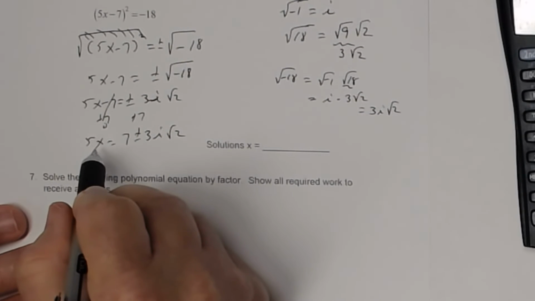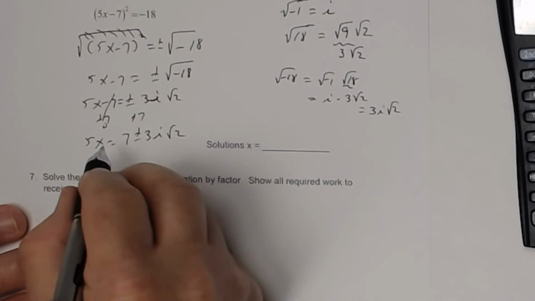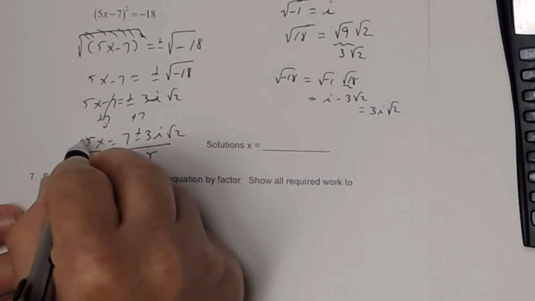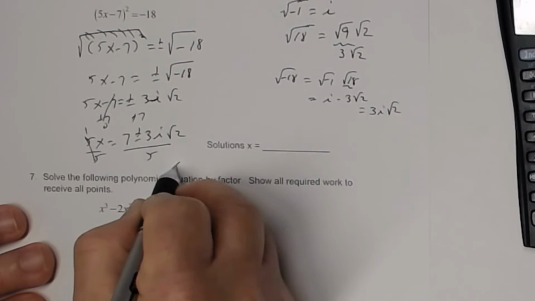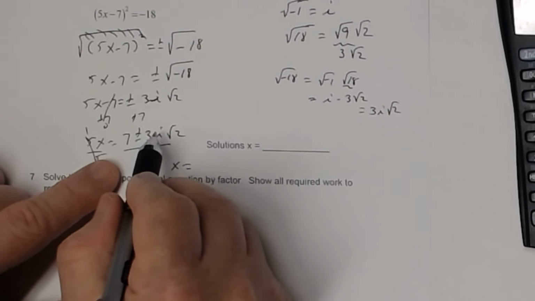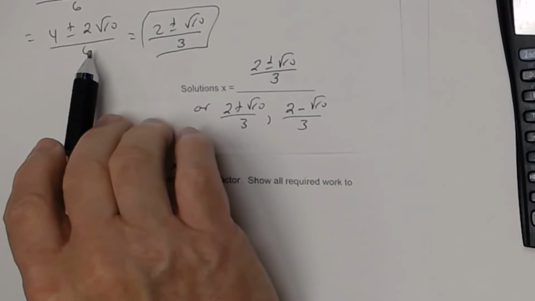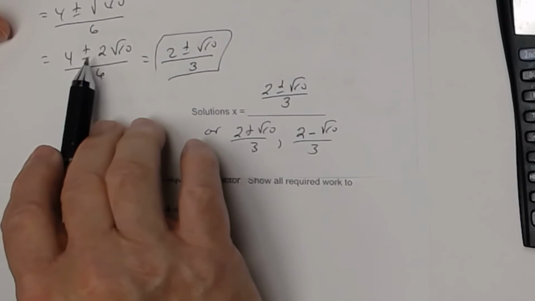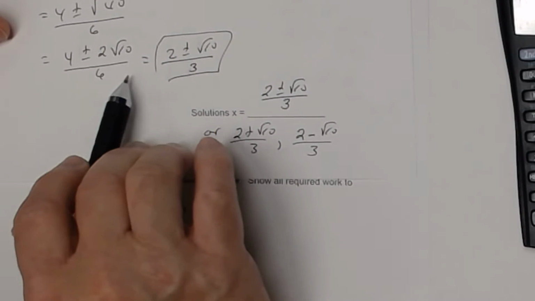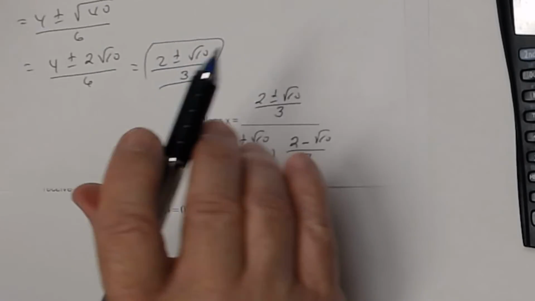And then all I need to do to get the answer now is to divide by 5. So dividing both sides by 5 and reducing, I get x equals, and notice that there's nothing I can simplify here. If you look at the previous problem, I could go further there, because 4, 2, and 6 are all divisible by 2. They're even numbers, and so I get this.